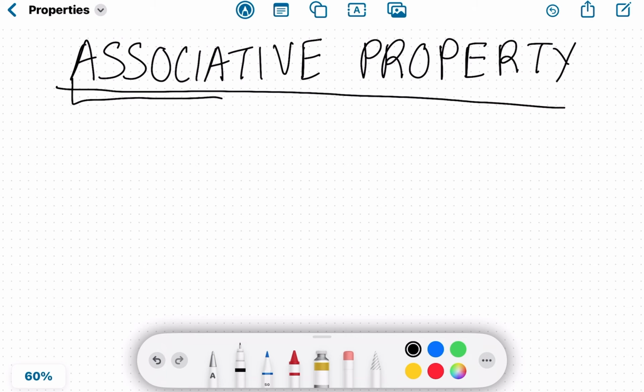Associative sounds like associate. And to associate means to correlate, to relate to. Now, with the associative property, this is when you associate something with numbers in their group.